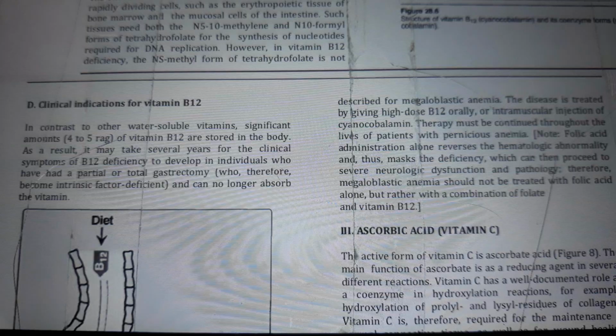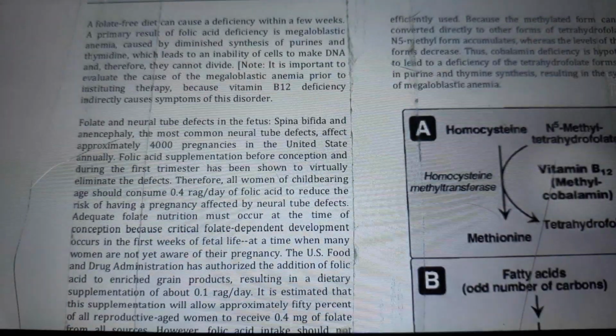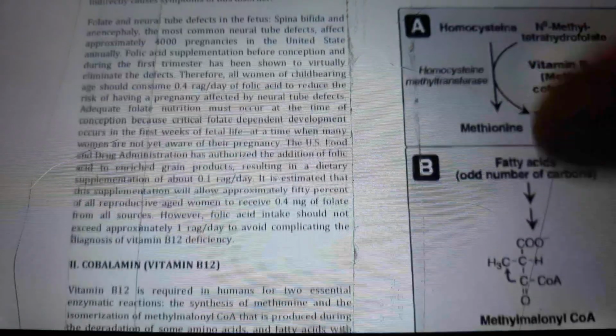However, in vitamin B12 deficiency, the N5-methyl form of tetrahydrofolate is not efficiently used because the methylated form cannot be converted directly to other forms of tetrahydrofolate. The N5-methyl form accumulates, whereas the level of the other forms decreases. Thus, cobalamin deficiency is hypothesized to lead to a deficiency of the tetrahydrofolate forms needed in purine and thymine synthesis, resulting in the symptoms of megaloblastic anemia.